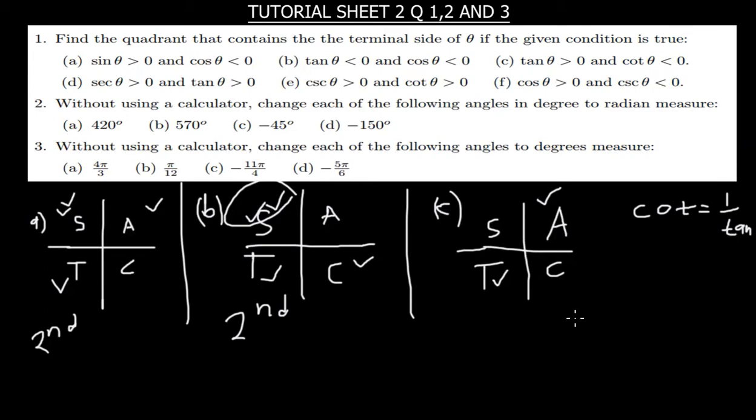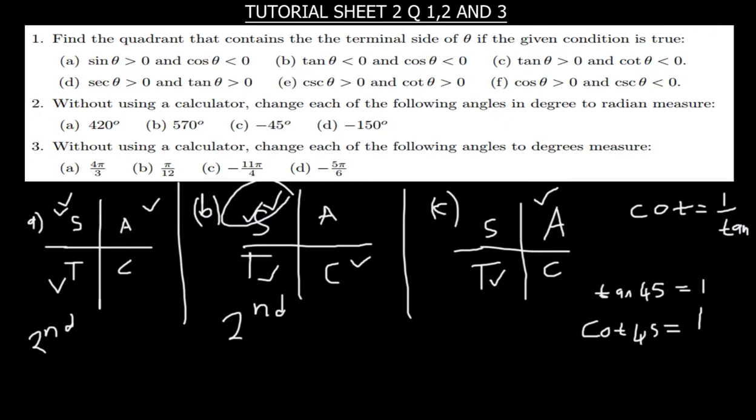Let's take for instance tan 45. We know to say tan 45 gives positive 1. Let us try to find cot 45. So cot 45 will be equal to 1 over tan theta, meaning 1 over tan 45.